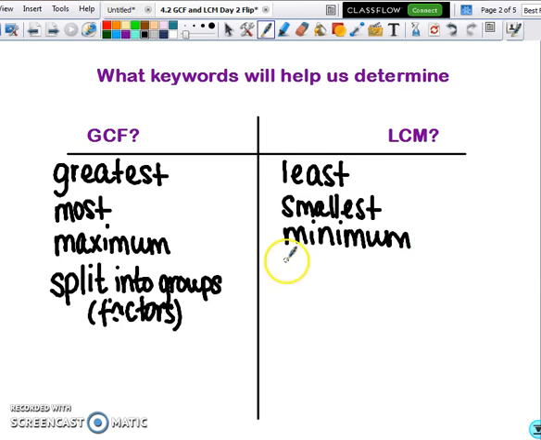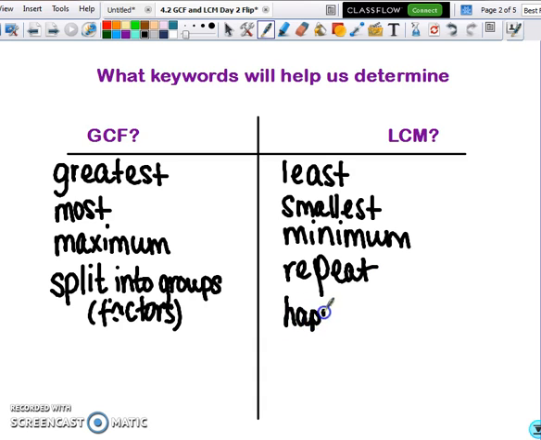Some special problems are when things are happening at the same time. For example, I could say, I swim every Monday, and I run every Friday. When's the next time that I will swim and run in the same week or day? Those are any questions that deal with anything repeating or happening at the same time.